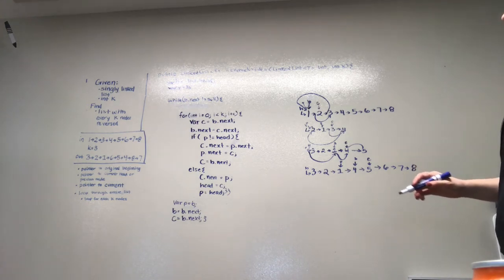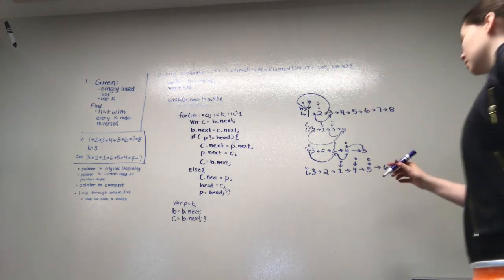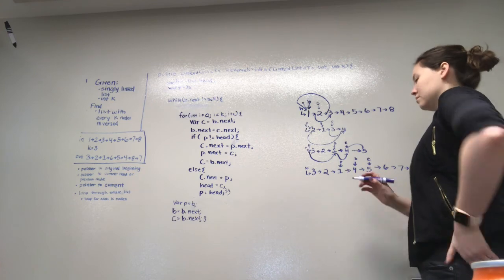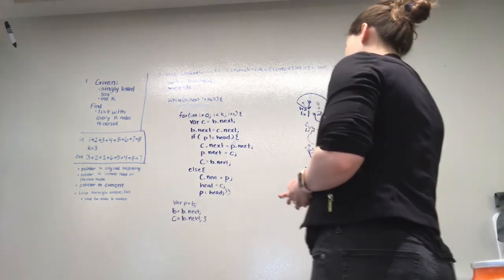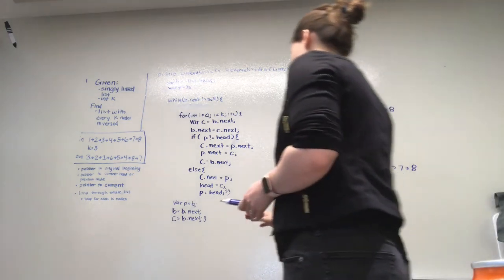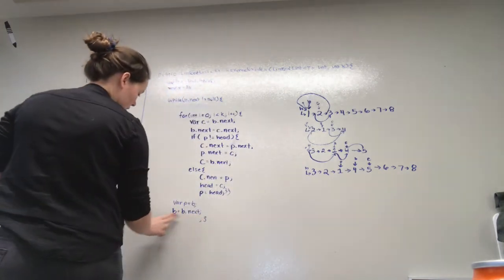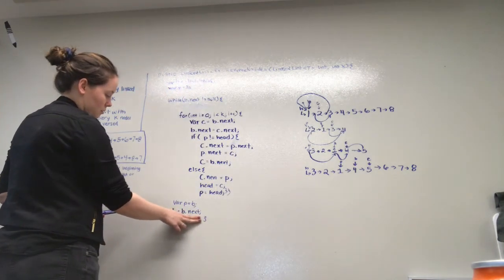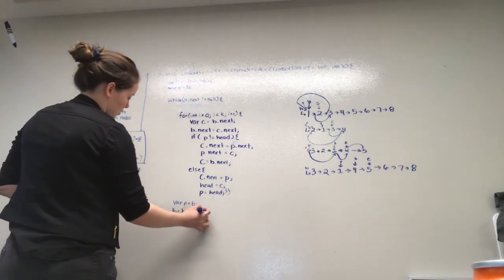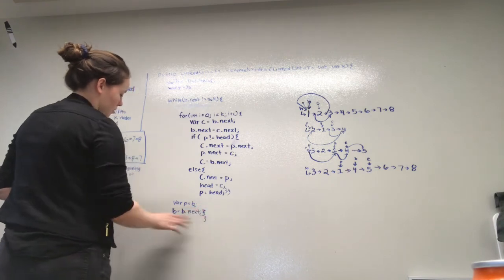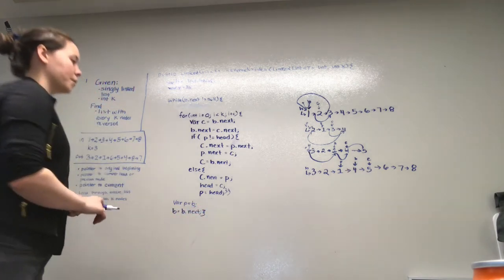Now we will loop, var c is equal to b dot next, because the next time we loop, it will work.